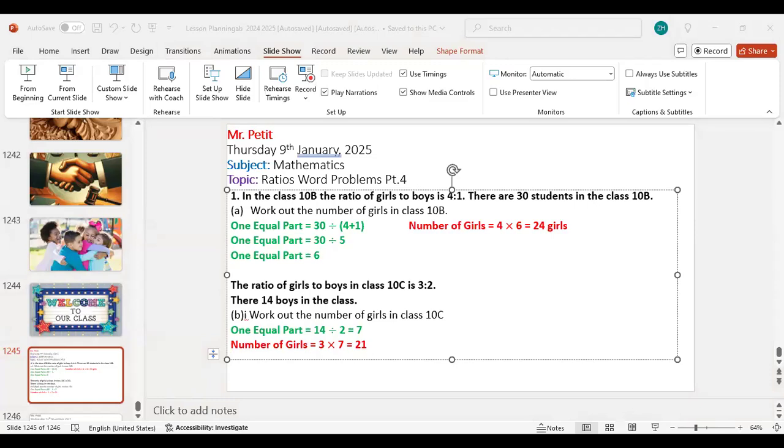This question says that they want us to write down.